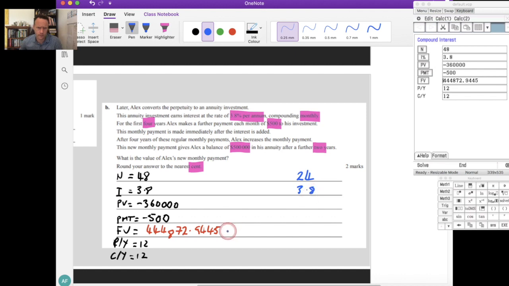PV is now that value there. Payment, we don't know, so we're going to solve for payment. Future value, we know it's $500,000. Okay, and both CY and PY are 12 each.